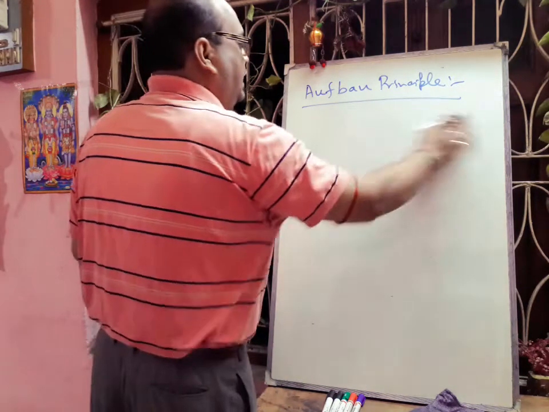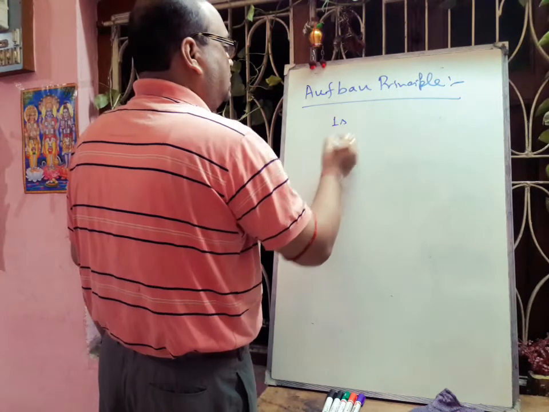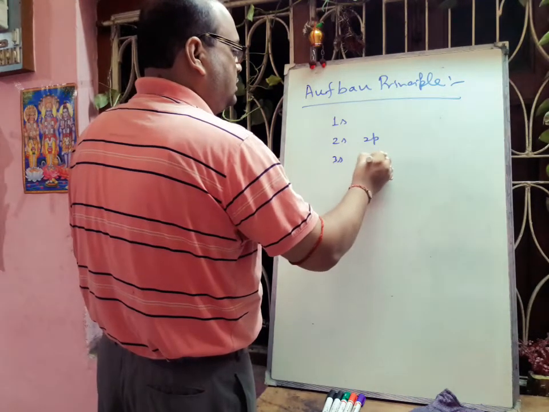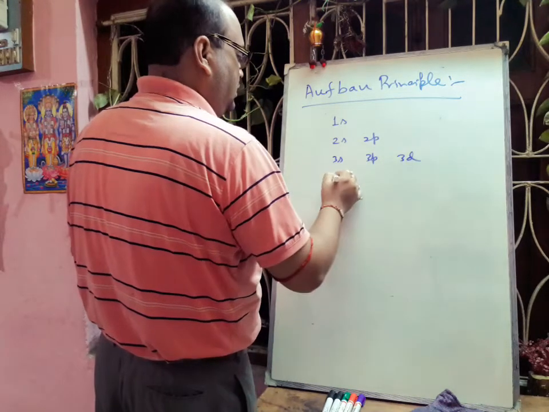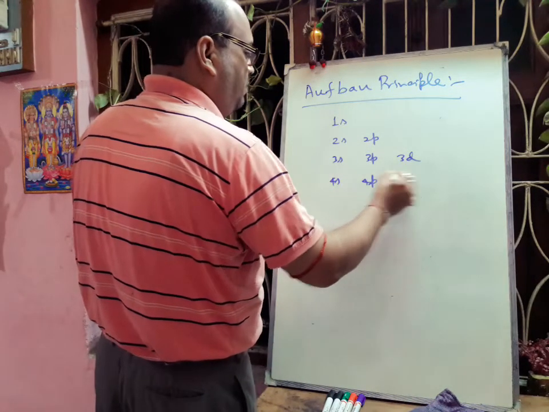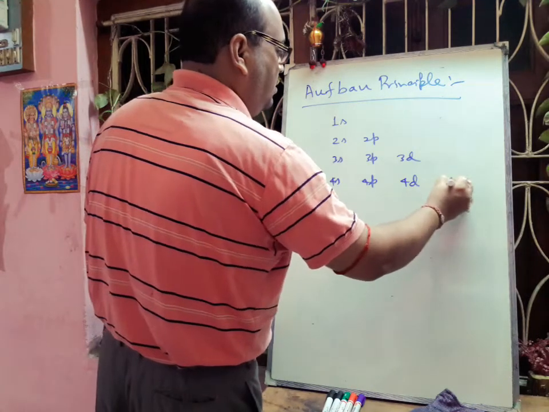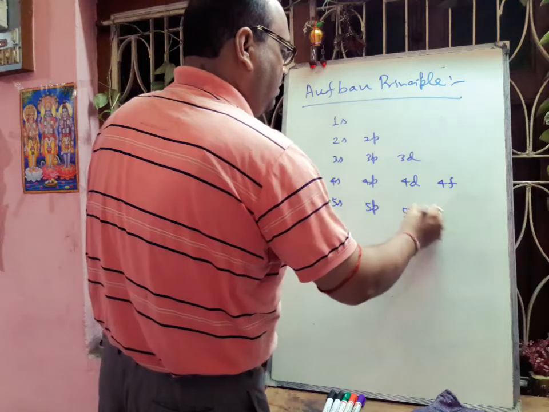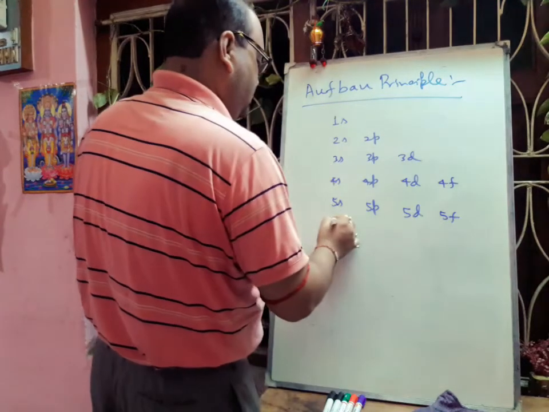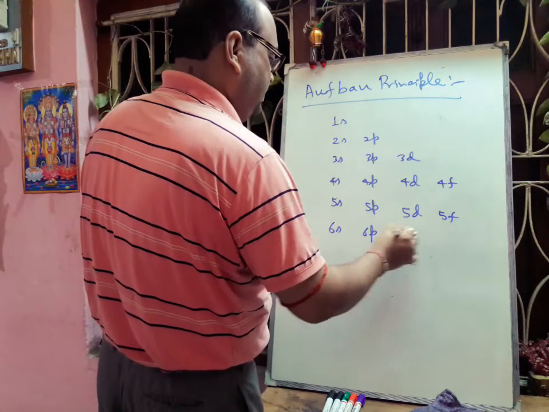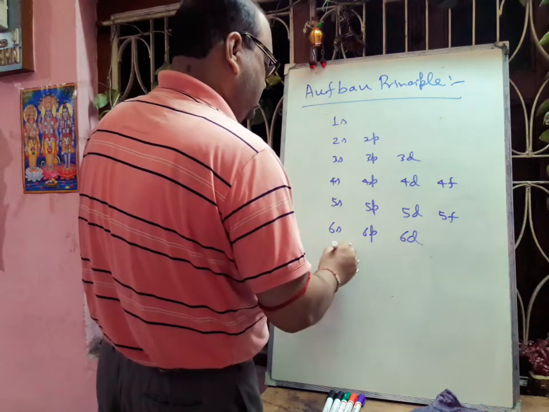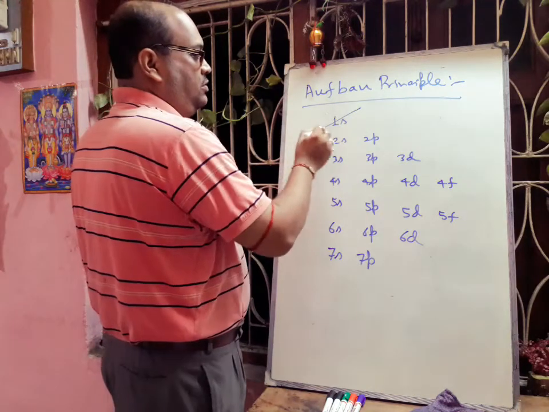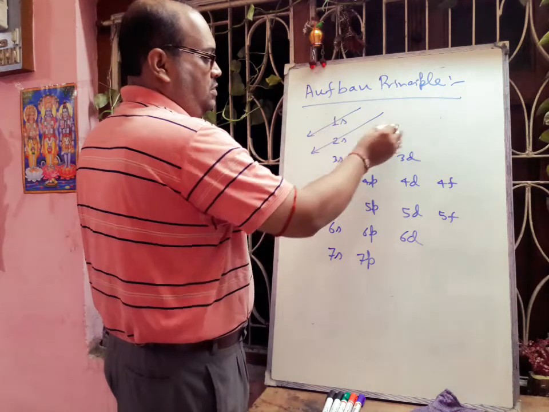So first we have to write 1s here, then 2s 2p, then 3s 3p 3d, then 4s 4p 4d 4f, 5s 5p 5d 5f, 6s 6p 6d, 7s 7p. Now you have to draw the lines diagonally.